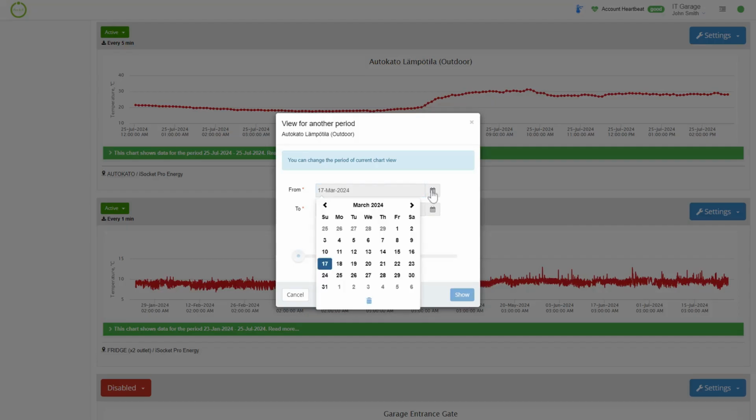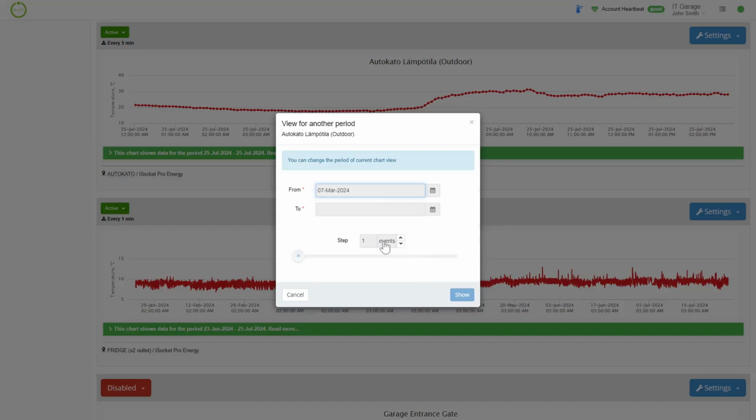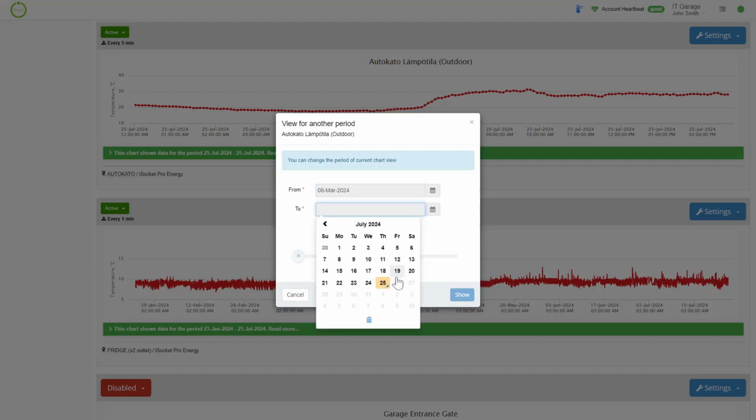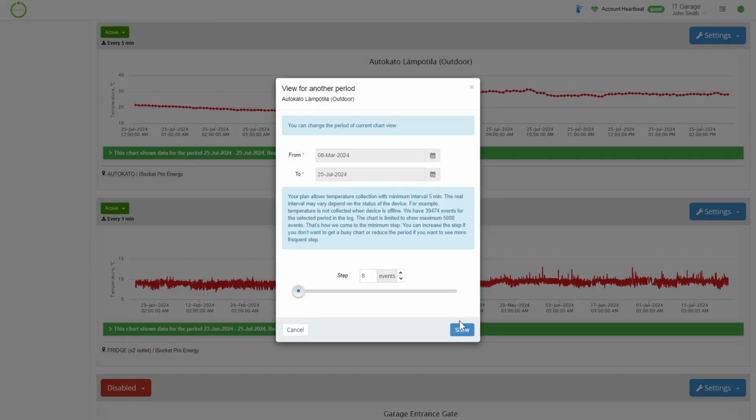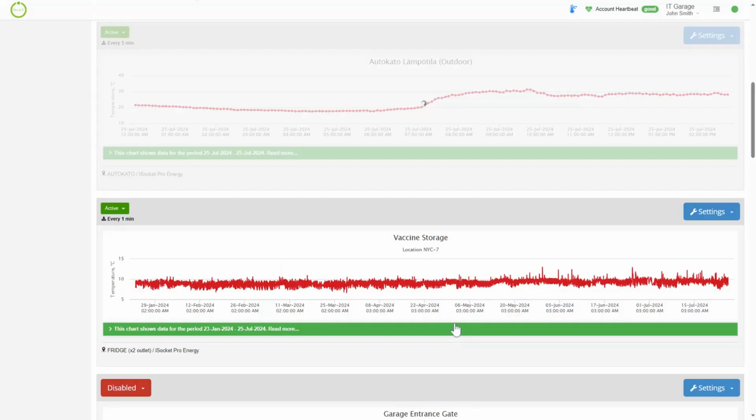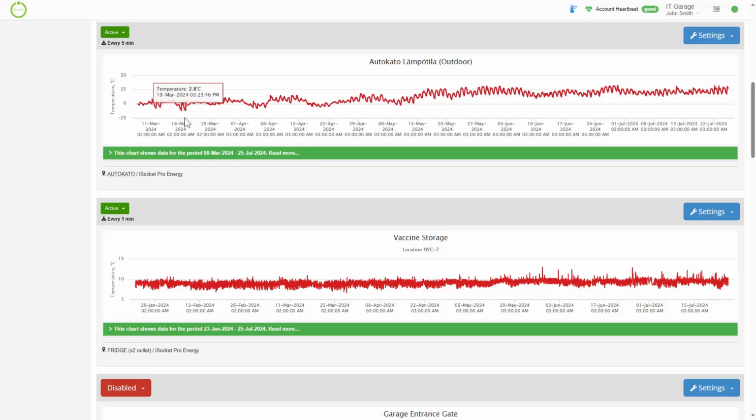We remember it was something like 6, 7 March. Let it be 8 March, up to now. You can see we exceeded the amount of dots, so we can see a step of 8 events only. That's what we had from 0 in March.